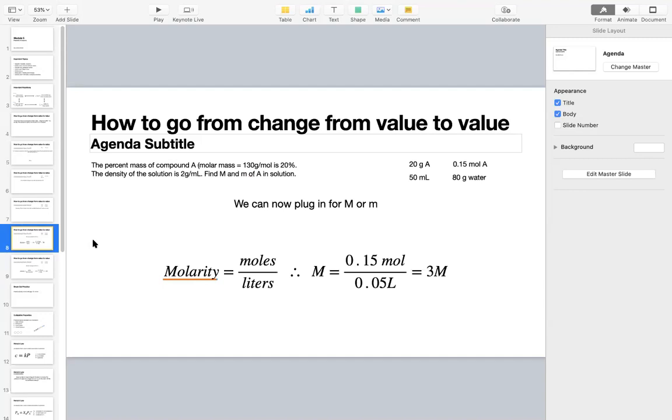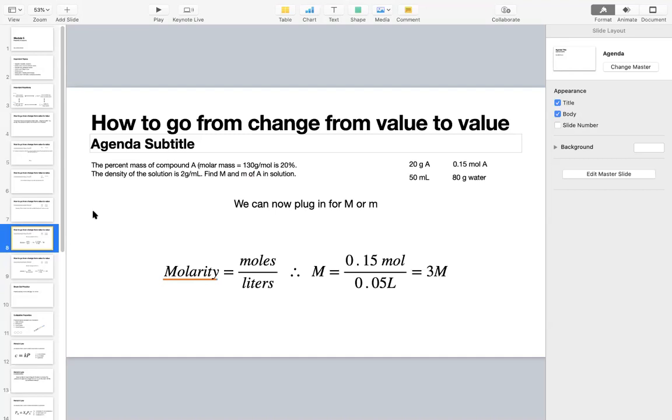Are there any questions on this right here? I have one. Where did you get the 50 milliliters of water?